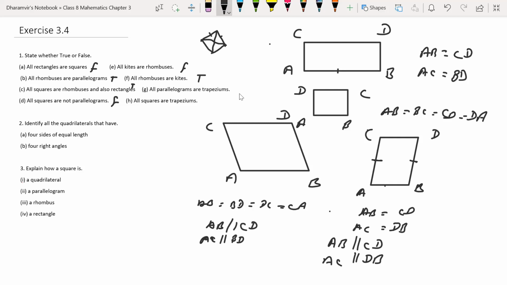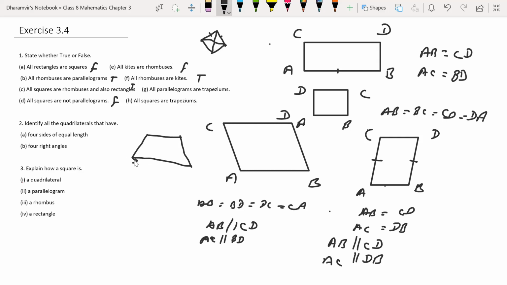All parallelograms are trapezium. In a trapezium, one pair of opposite sides is parallel, like this. This is a trapezium.